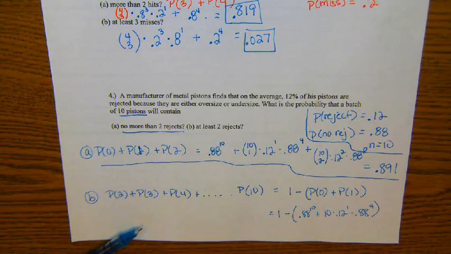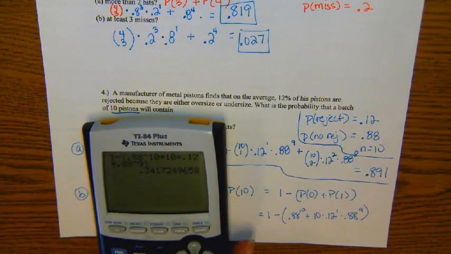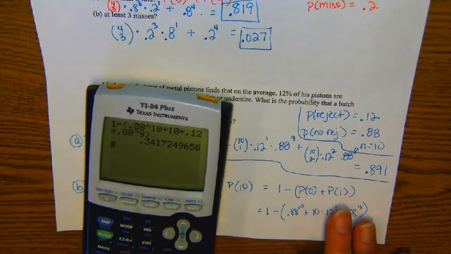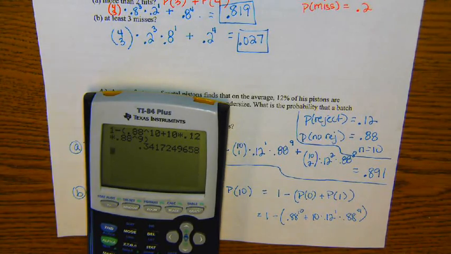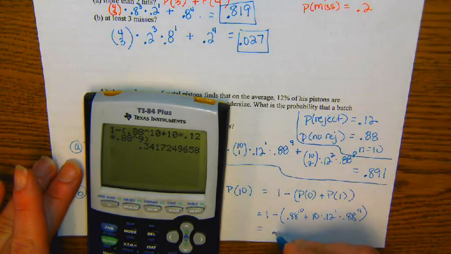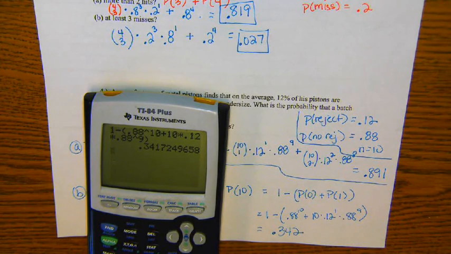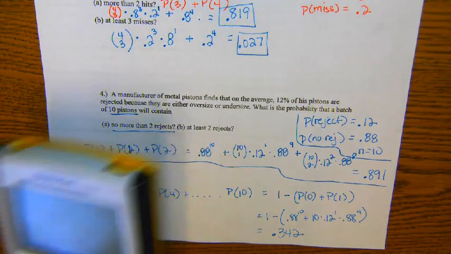Okay. When I do that, I get 0.342. The probability that I would have at least 2 rejects.